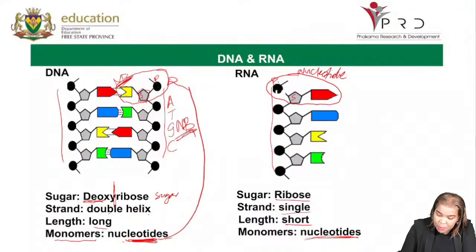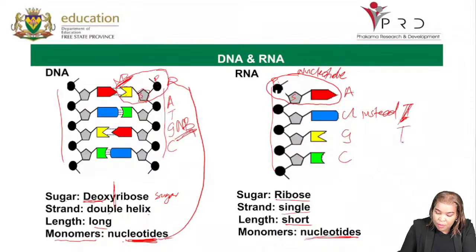And then the nitrogenous bases, you find adenine, uracil, guanine, and cytosine. So instead of thymine, instead of T, you find U. So this is in RNA.